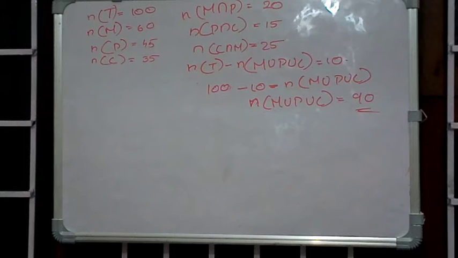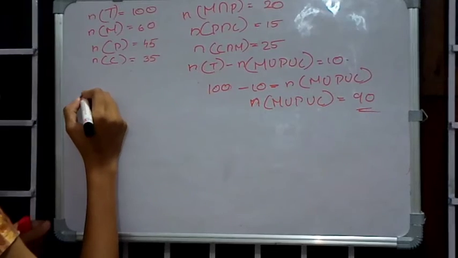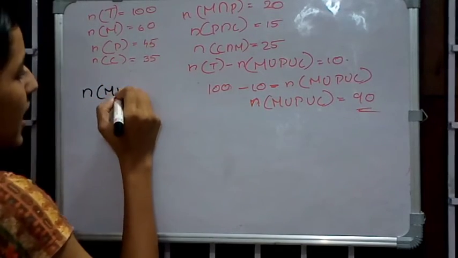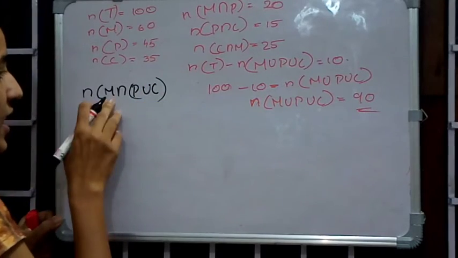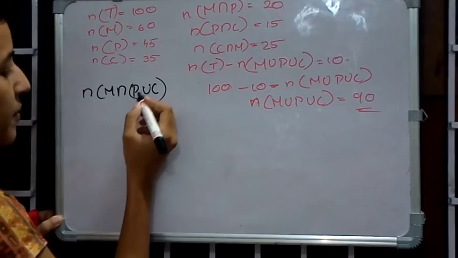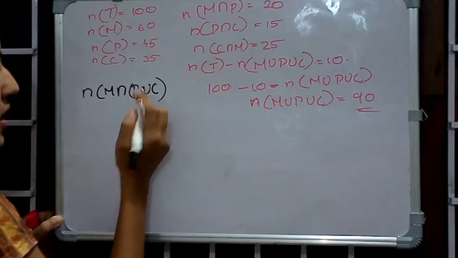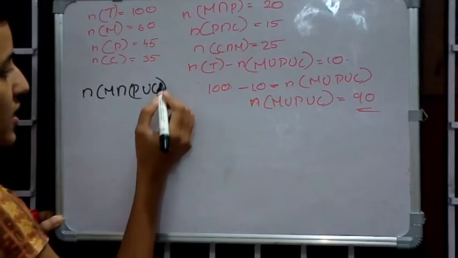Let's look at our last option. It's given 35 students study mathematics along with either physics or chemistry, which can be represented as n of M intersection P union C. Here the students are studying mathematics along with either physics or chemistry, so we have represented it as a union.